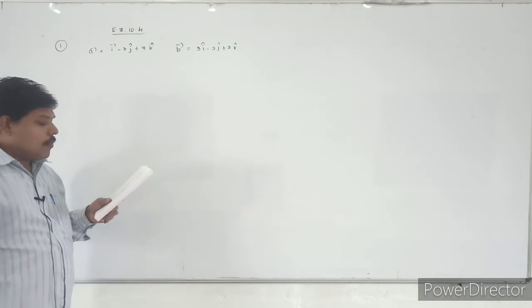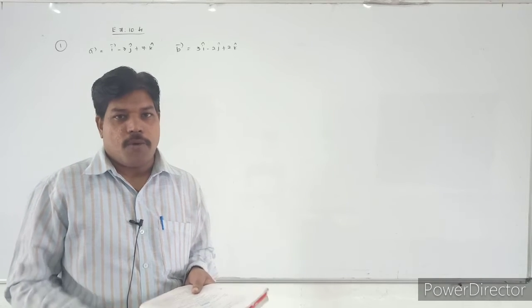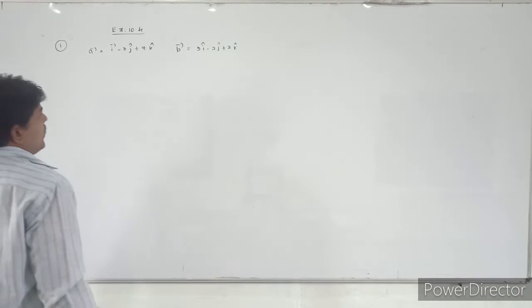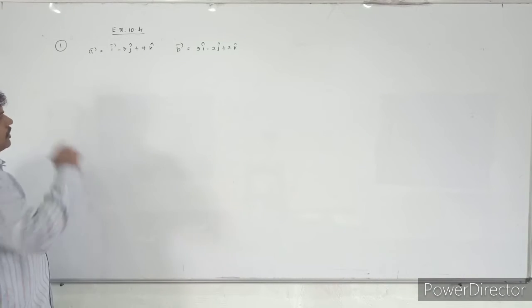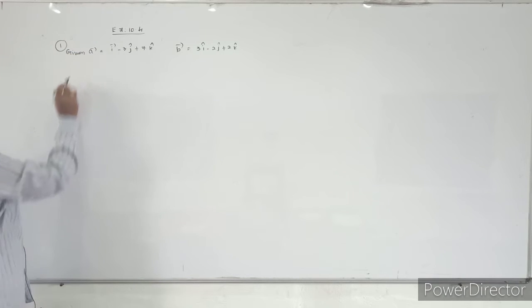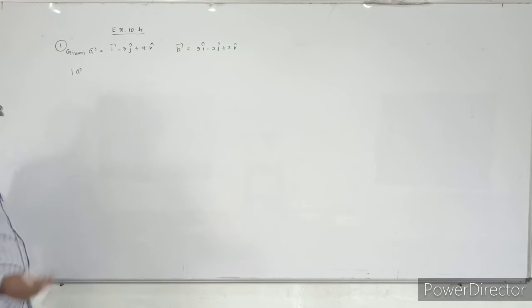So they are asking for mod A bar cross B bar. First calculate A bar cross B bar, then you can calculate the magnitude.